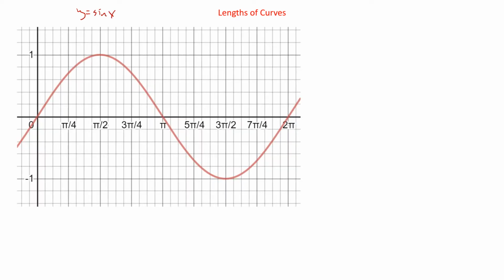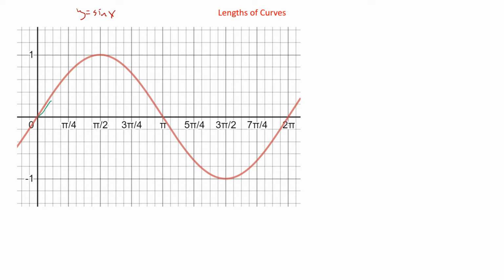We're going to start with just y equals sine x so that we can see what we're dealing with here. So we have y equals sine x. Now to find the length of the curve, just like when we were finding the areas and the derivatives, we're going to take it chunk by chunk.